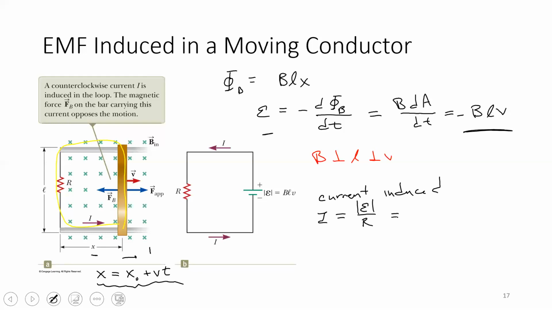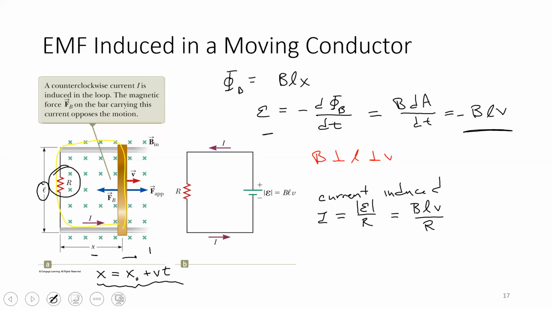So that is just from Ohm's law. So our current induced in this case is B, the length of our conductor, right? So L is this length here. V, the velocity of our conductor, divided by R, the resistance of this loop of wire. And in this case, they say the resistance is all concentrated in this resistor.